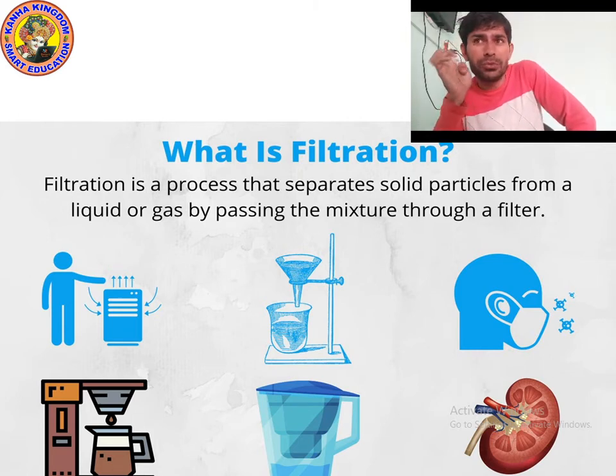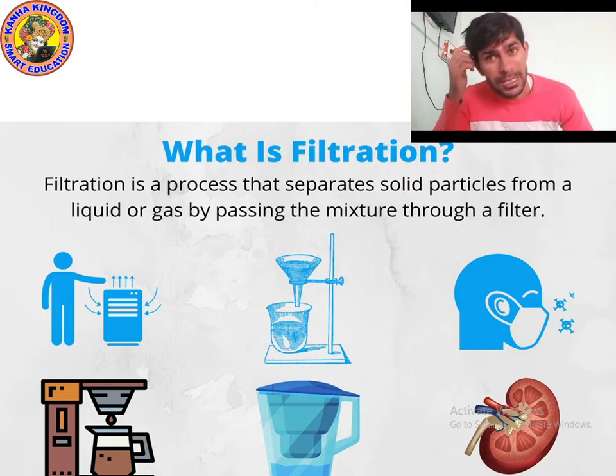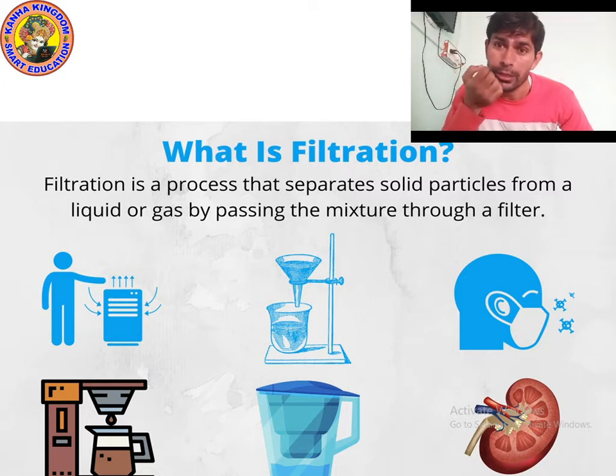It passes through the filter paper. Filter paper has small holes which pass the water, so the water gets filtered, and thus we get clean water. Drop by drop the water comes into the other beaker. This method is known as filtration.